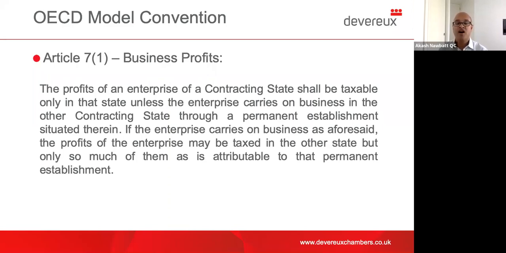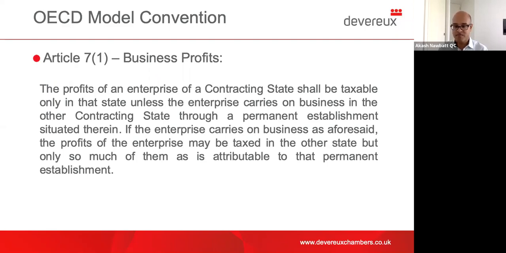Now, Article 7, therefore, as we can see, in respect of a self-employed individual, will allocate taxing rights solely to the country of residence unless those services are performed through a permanent establishment in the other country.